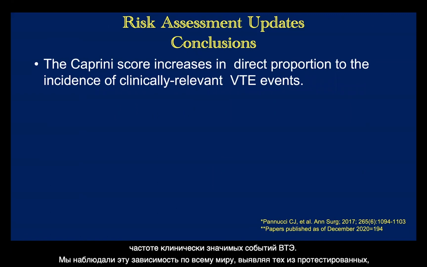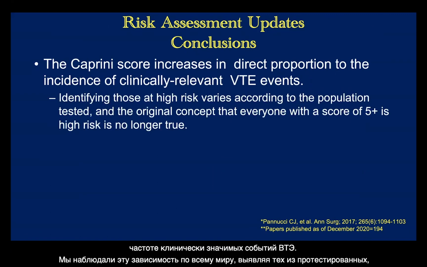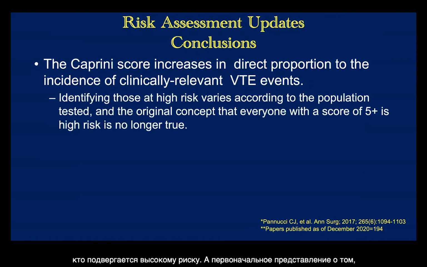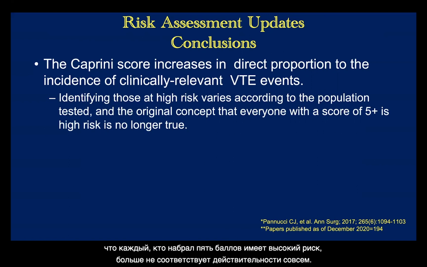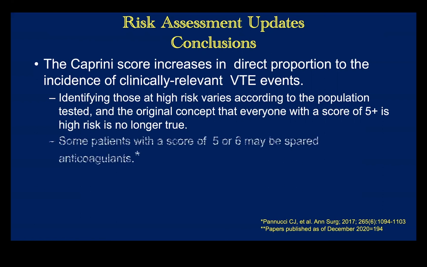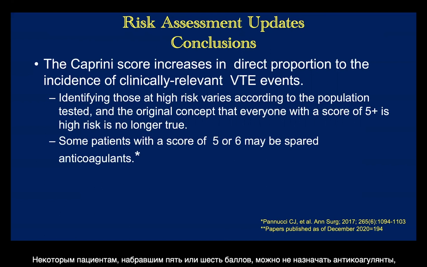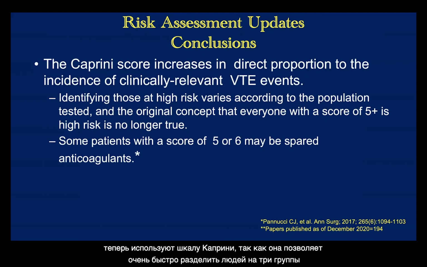So now in conclusion, ladies and gentlemen, the Caprini score increases in direct proportion to the incidence of clinically relevant VTE events. We've seen that from all over the world. Identifying those at high risk depends on the population tested, and the original concept that everybody with a score of 5 or more is high risk is no longer true. Some patients with a score of 5 or 6 may be spared anticoagulants, and that may be half the patients. And this is why whole countries have picked up on this Caprini score, because they can very quickly divide people into the 3 buckets.